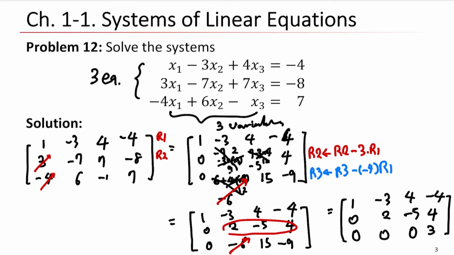As you can see here, in the last row, this row gives the equation 0 times x1 plus 0 times x2 plus 0 times x3 is equal to 3, right? What kind of solution satisfies this?